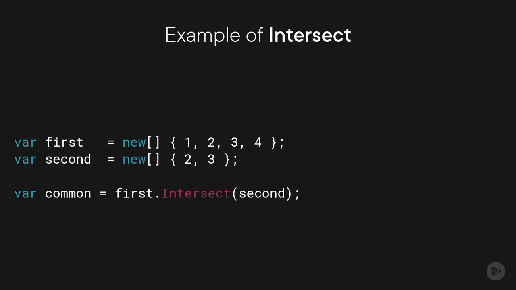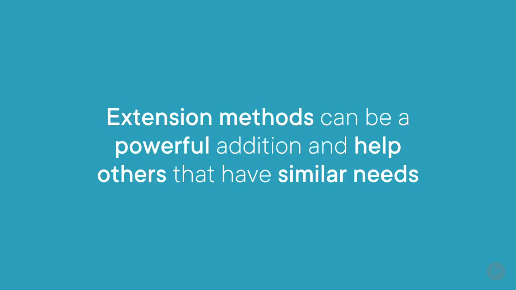You can call Intersect on your collection and pass the second collection to find which elements exist in both of these collections. Or of course, you could build all of this functionality yourself, or have helper methods constructed in other ways. Using extension methods for the type of functionality and interactions that we have explored is a great approach.